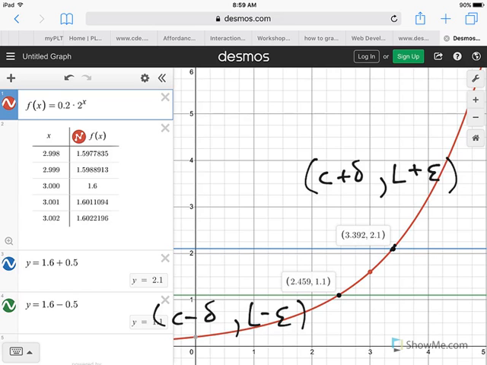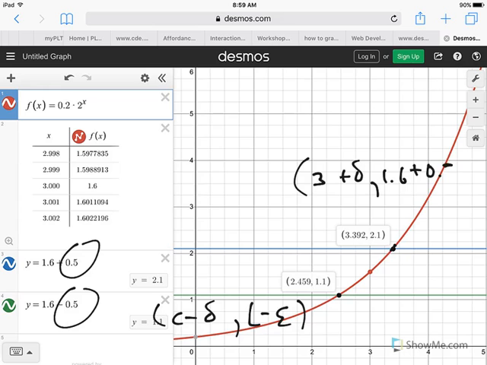Consider this particular value of epsilon, where epsilon is equal to 0.5. So you have L, which is of course 1.6, and C, which is 3. And I'm choosing epsilon to be 0.5 in this particular example. So we have 1.6 minus 0.5 here.